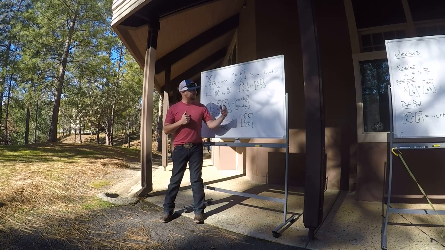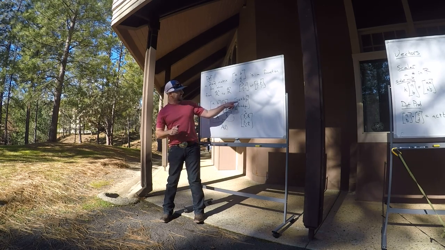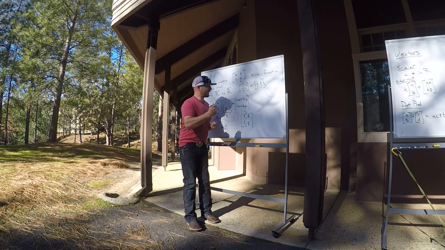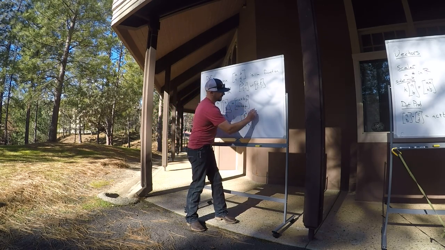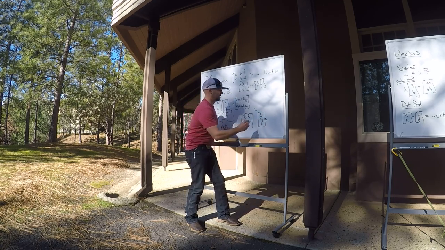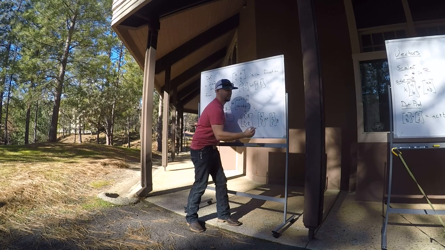How else could you think of this thing? You guys see that? Like, there's scalar x's here and scalar y's there. Yeah, so I could also think about this as it's like the first column times an x plus the second column times a y.